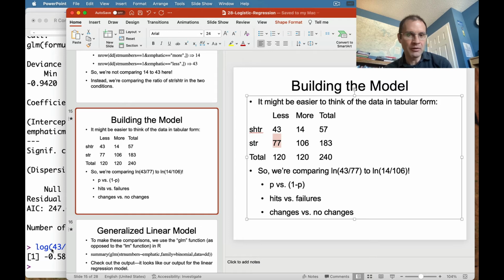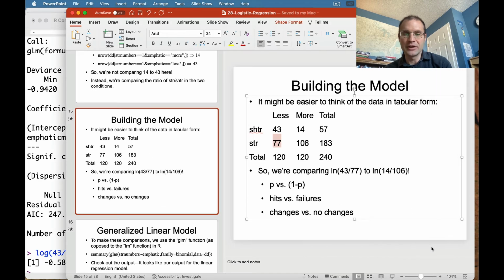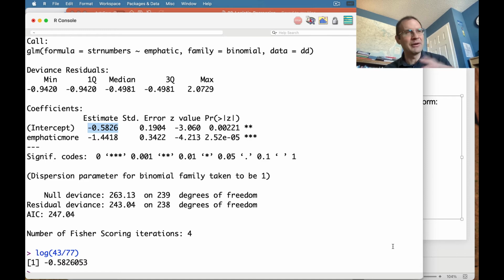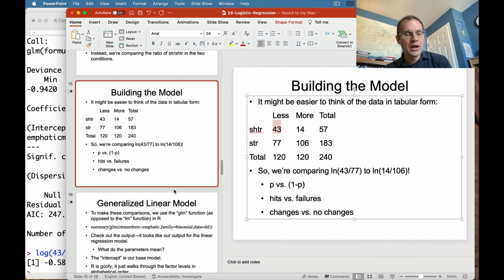And the log odds ratio of that is negative 0.58. So because the smaller number is in the numerator there, we're getting a negative number overall. And you can kind of see that maybe this is not quite twice as big as that. So we're getting a negative 0.58. Remember, if I said if you're at -1 for your log odds ratio, then this here should be 2.7 times bigger than that, more or less.